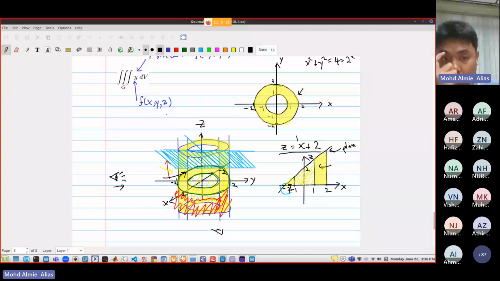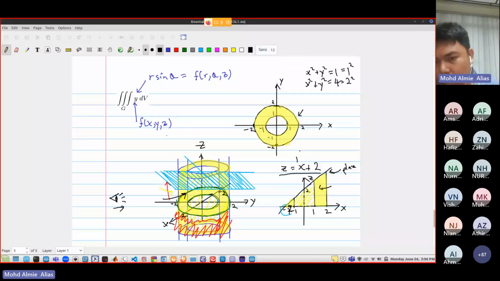Like always when you have this kind of thing, try to reduce it into the x and y plane, x and z plane, or y and z plane, and so on. So you have something like this.